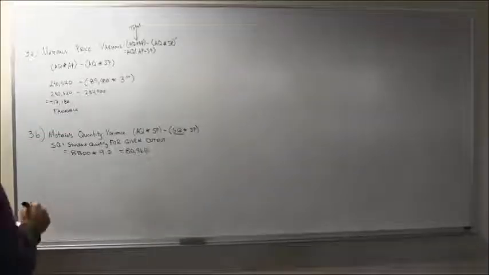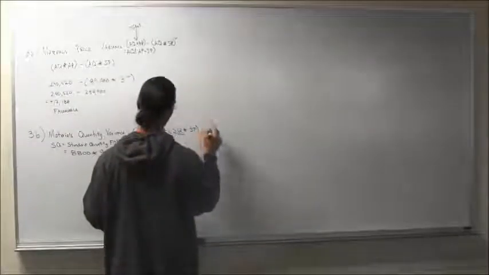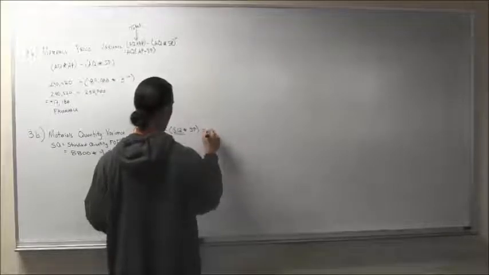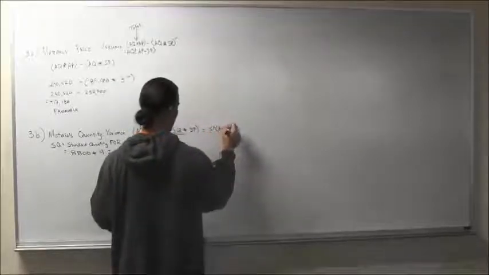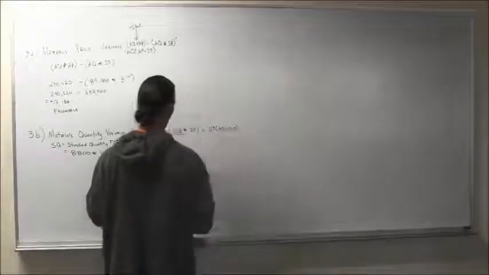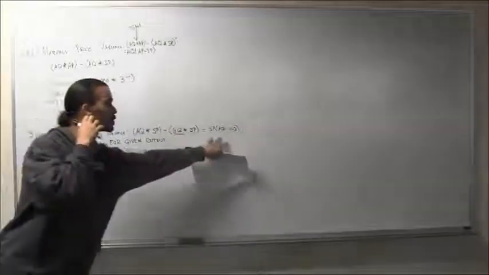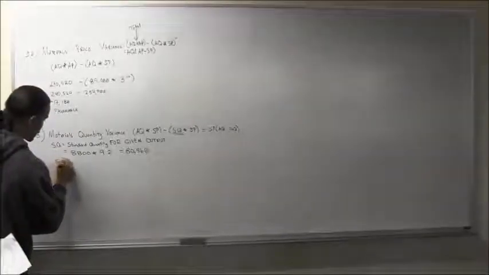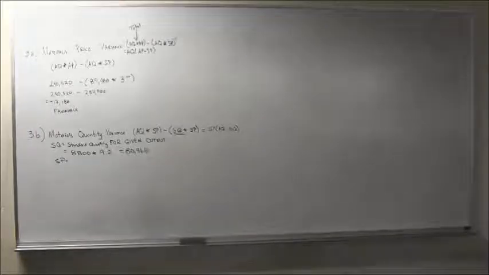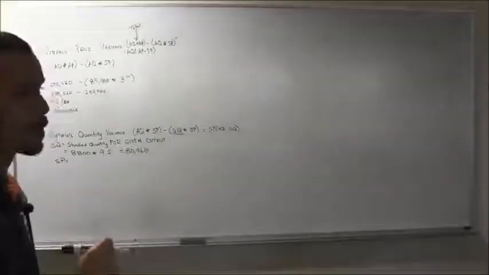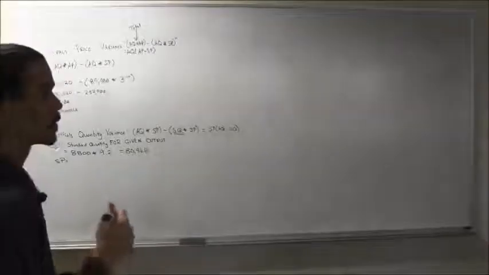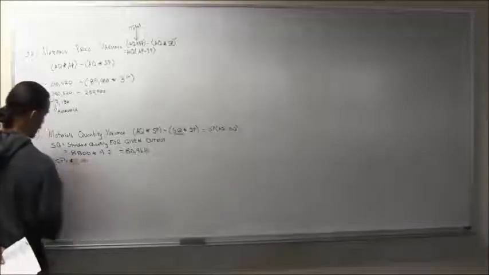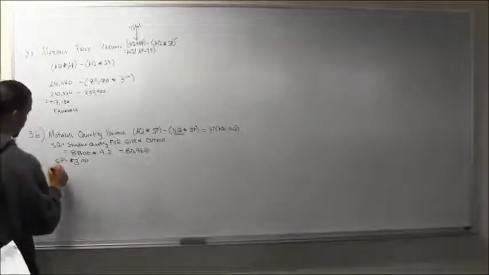Remember this is either or. Either one of these will work. I'm going to use this one. What's our standard price per pound of material? $3. That gives it to us directly. We've got a standard quantity. Now all we need is the actual quantity.